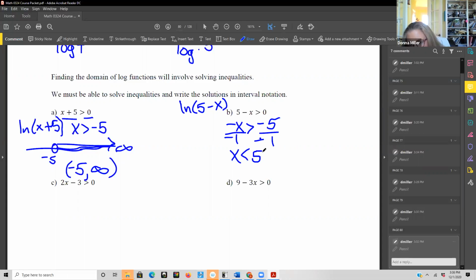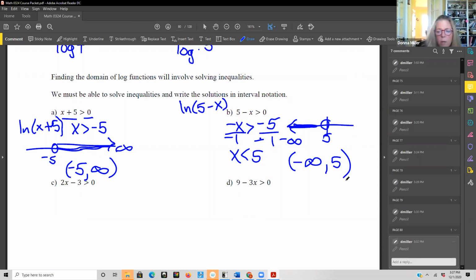So I really get x is less than 5. Because I multiply or divide by a negative, you always flip the sign. X is less than 5 goes like this. Here's 5, here's negative infinity. So with interval notation, it's negative infinity to 5. All right. Is that all right?